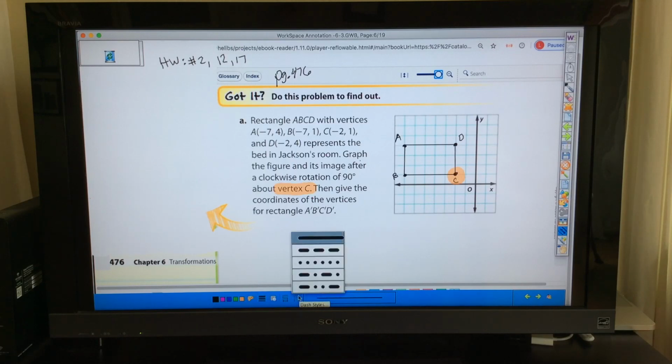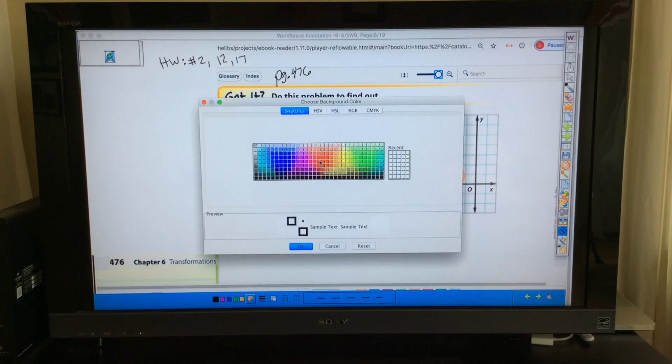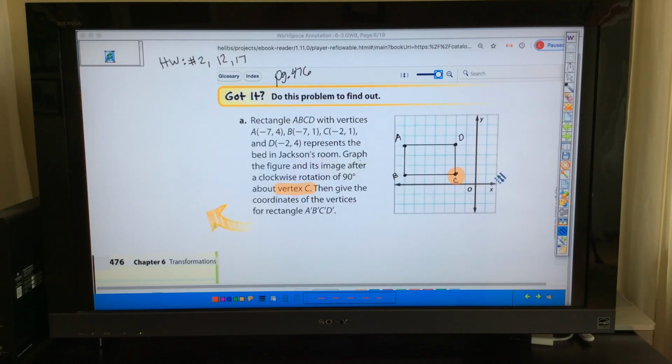So let me draw some new X and Y axis lines. I'll put X in red, and I'll put Y in blue. I'm going to put some arrows on the end.